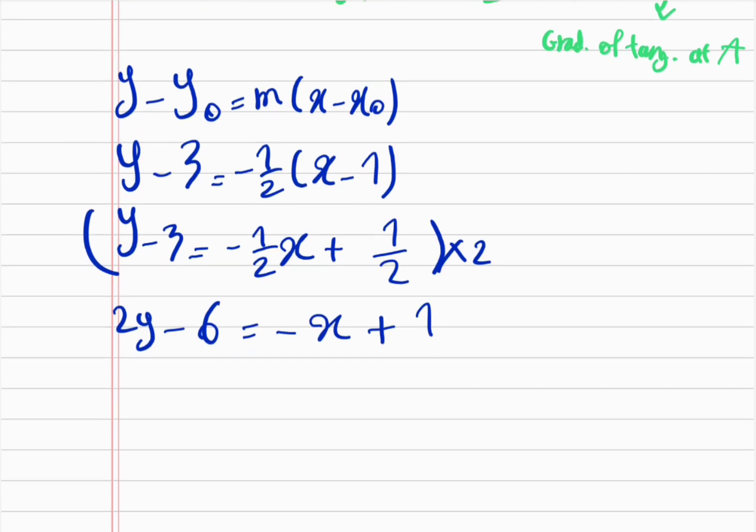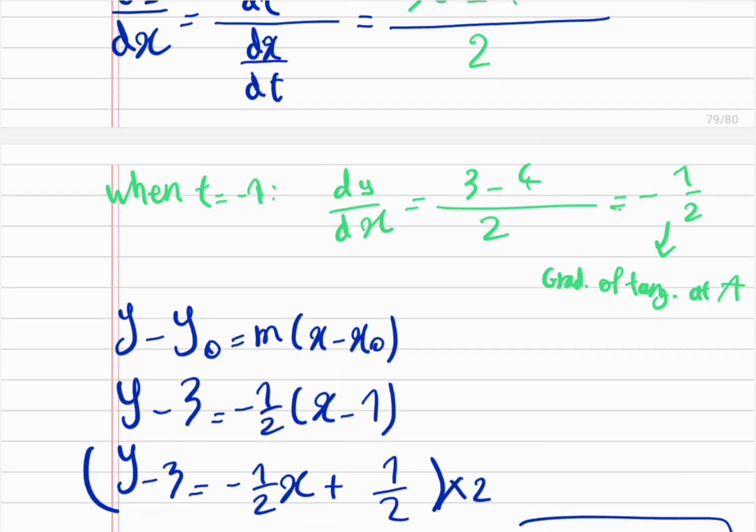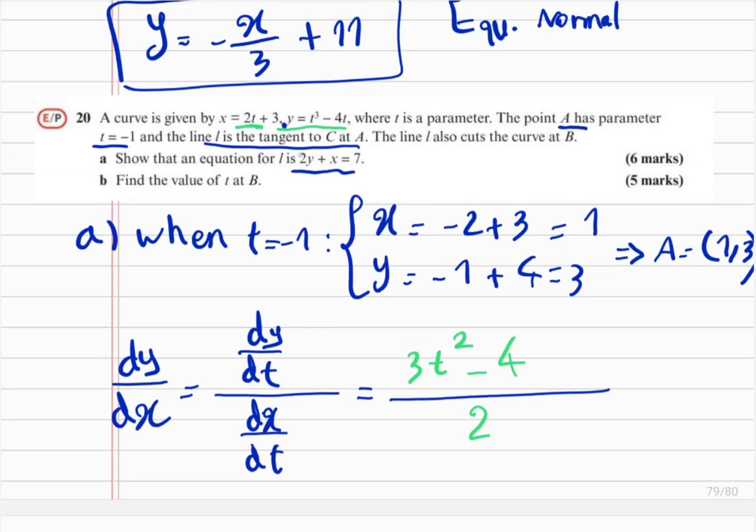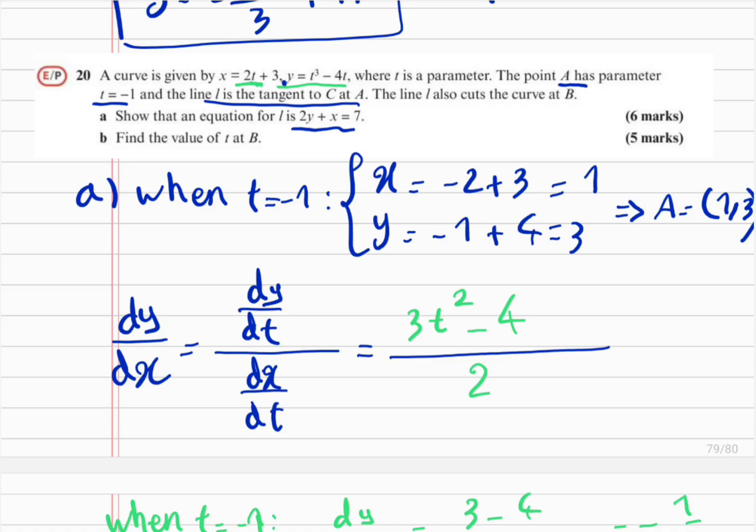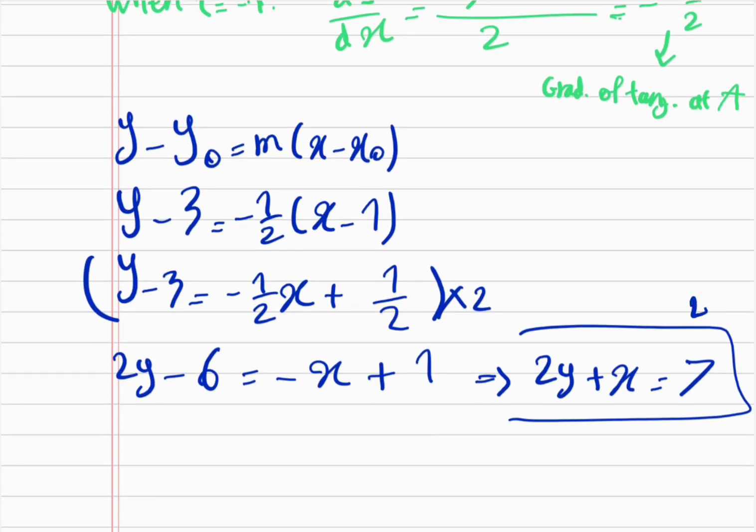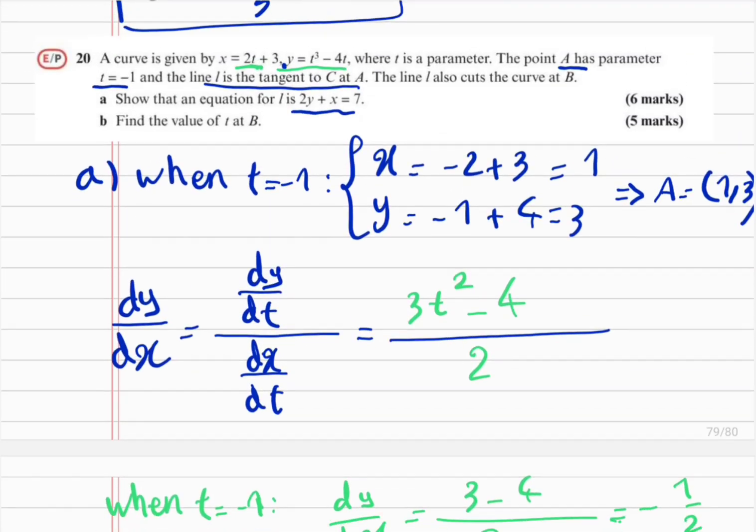Now we can rearrange this. I'm going to add x to both sides. 2y plus x is equal to, and then add 6 to both sides, which is going to be 7. And this is exactly the form that we were aiming to get. 2y plus x is equal to 7. Okay, so this is the equation of line L, or the tangent line, and that's the answer to part A.